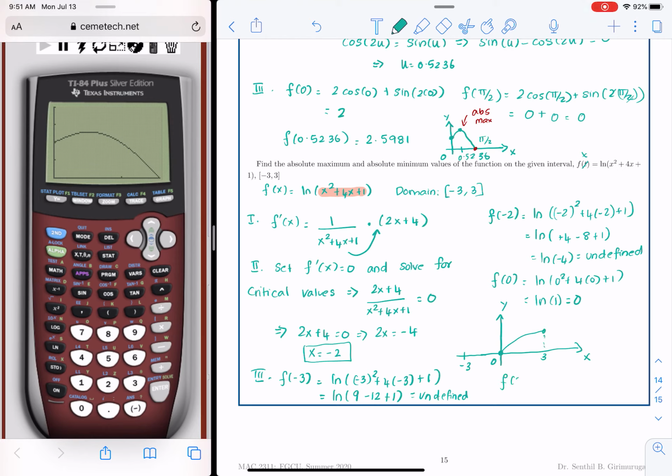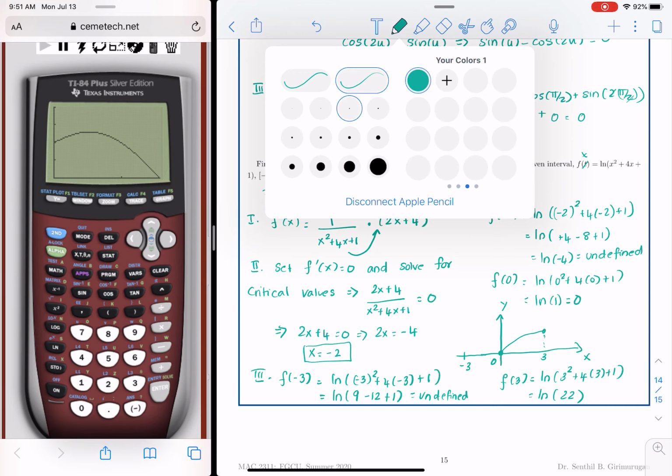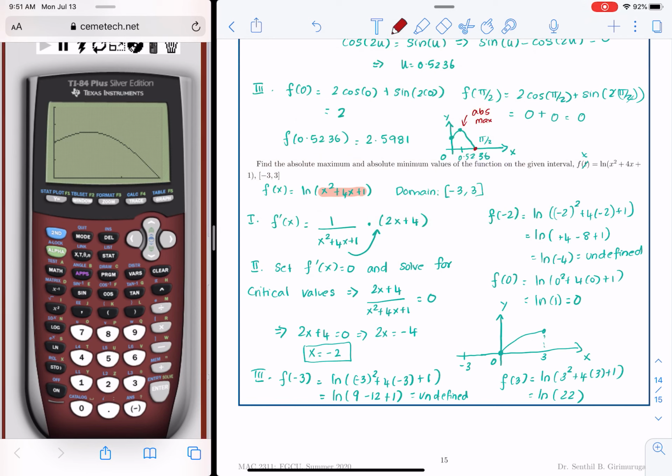So f of 3 would be equal to ln of 3 squared plus 4 times 3 plus 1, which is ln of 9 plus 12, which is 21, and I have ln of 22. So what is the absolute maximum? The absolute maximum is at 3, ln of 22.